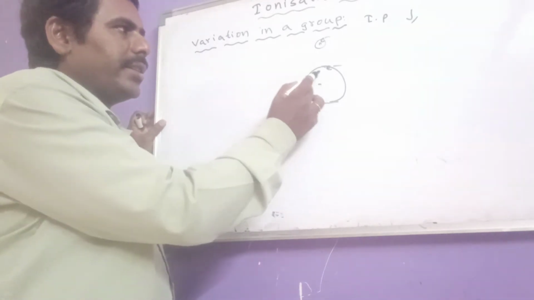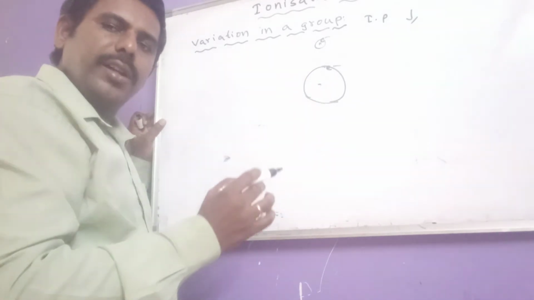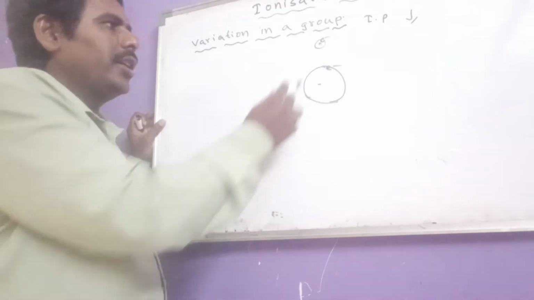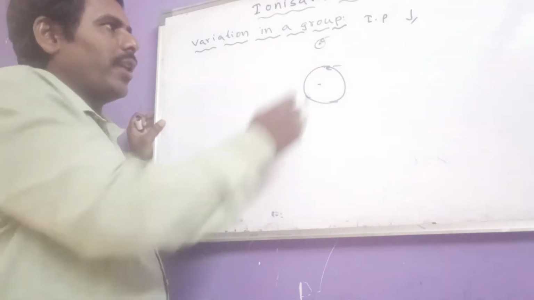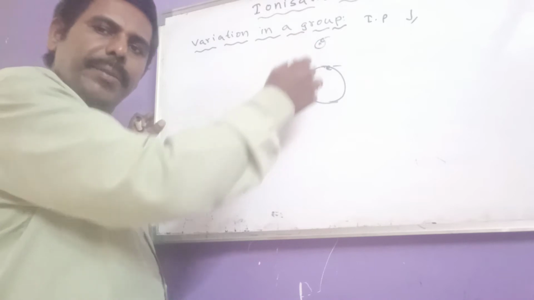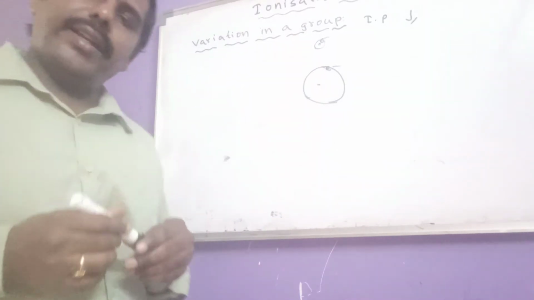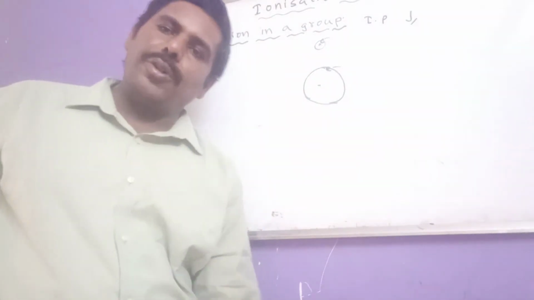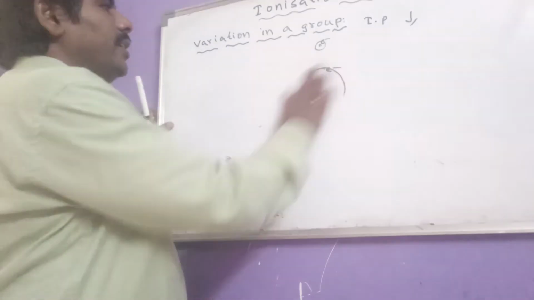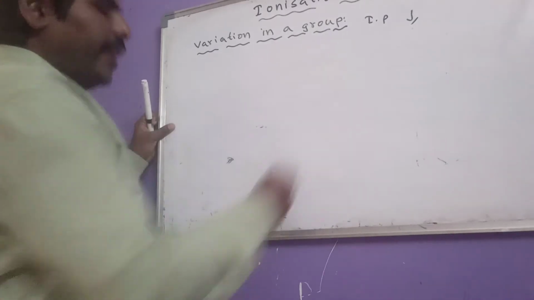So in this case, less energy is required to remove this electron. Like that, as atomic size increases, ionization potential in a group decreases. So this is the variation in a group.